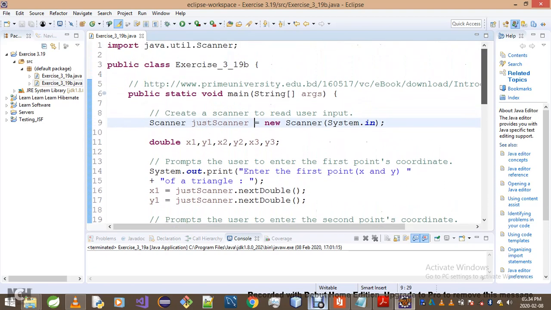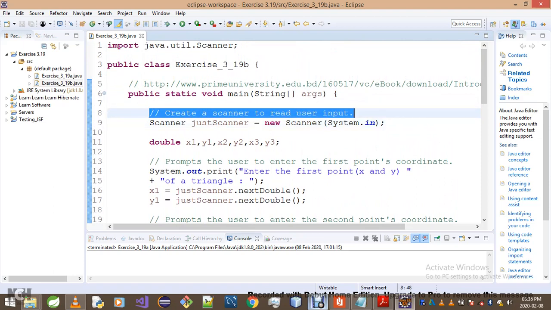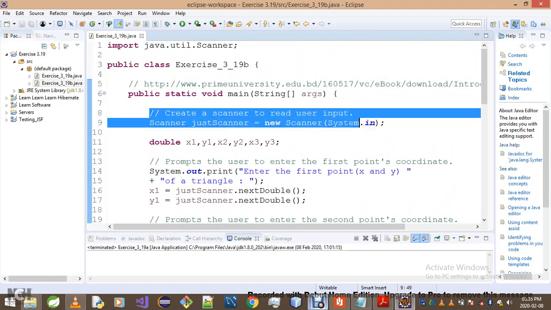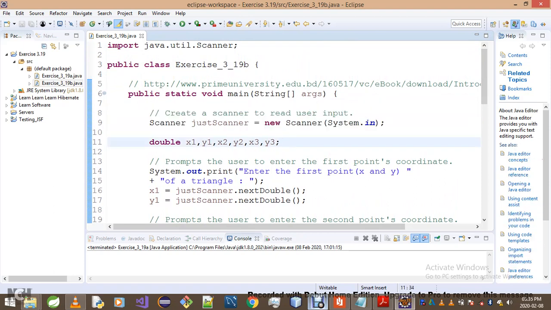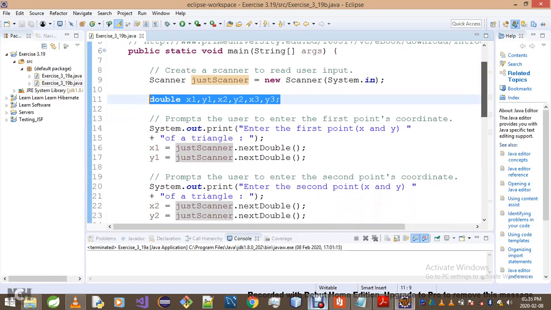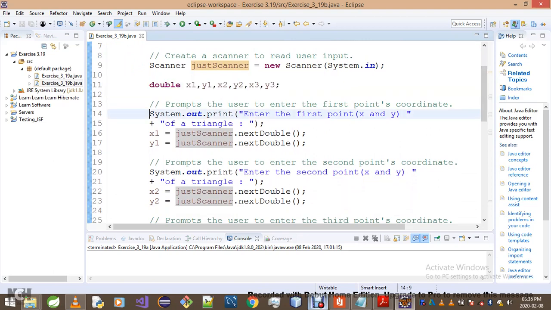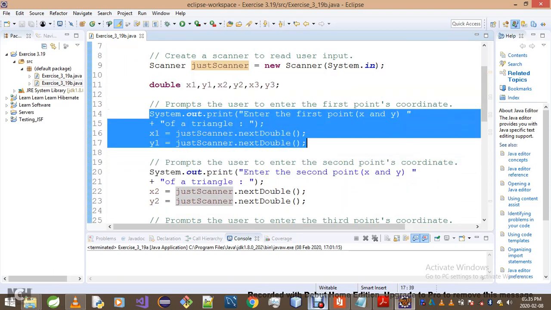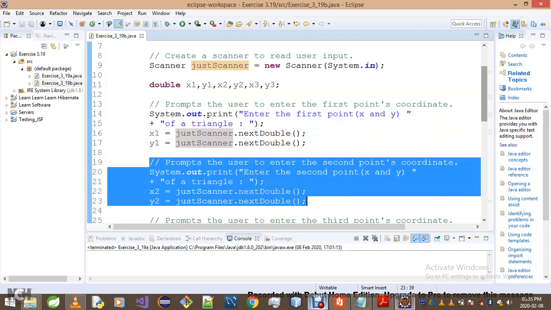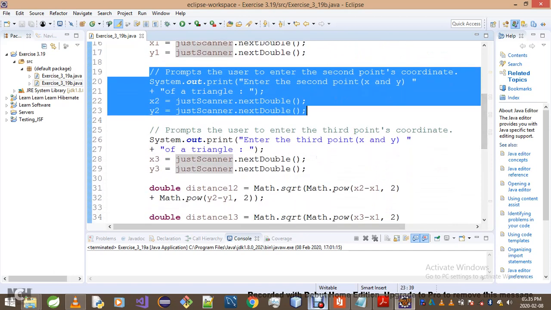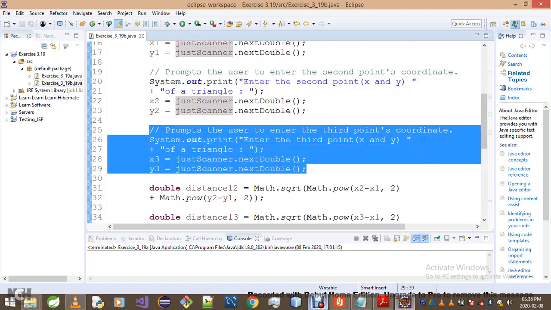So as I was saying, I created a scanner. I called it just scanner. My point here is you can put whatever variable name you like here, and then underneath that I created all of my variables to hold user input. I prompt my user to enter the values for the first point, the second point, and the last point.